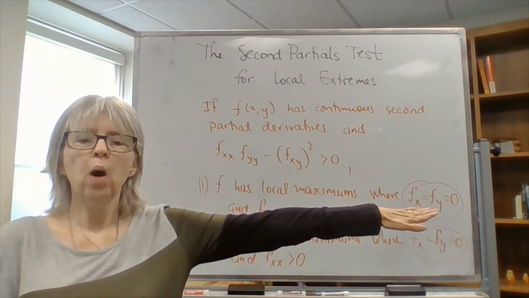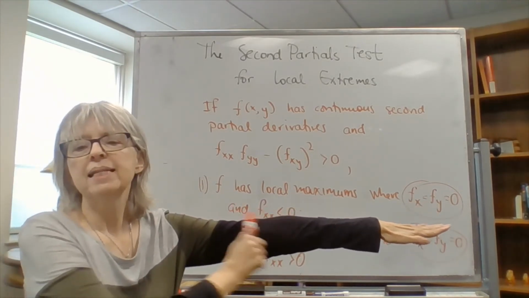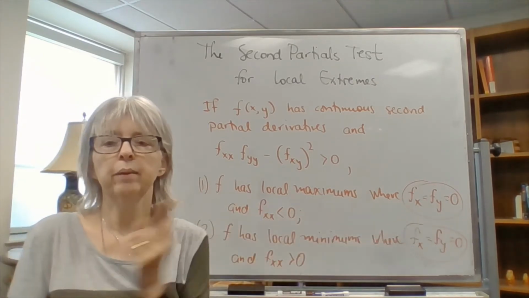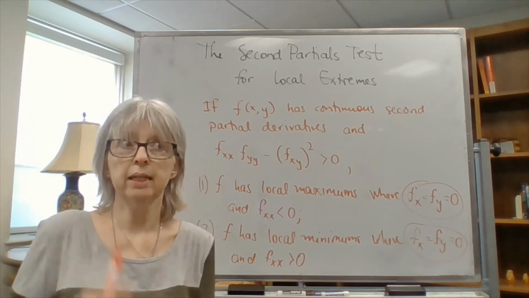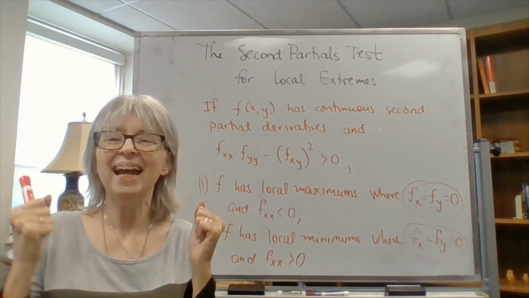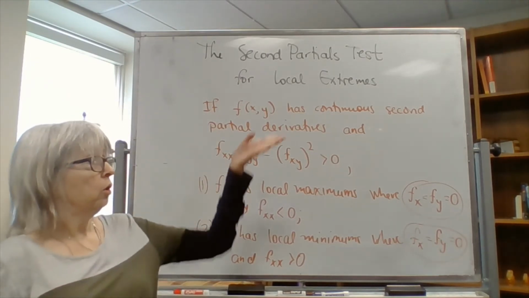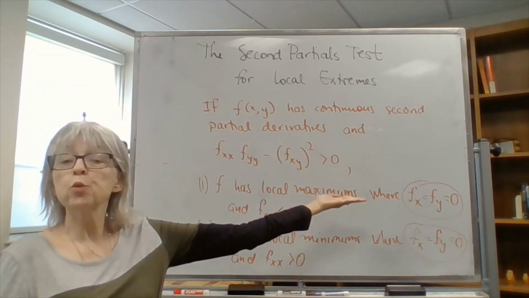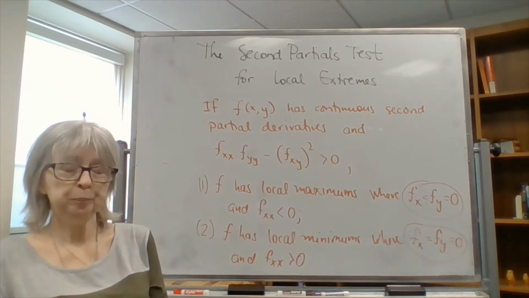Derivative with respect to y being 0 means I have a horizontal tangent plane. We are not going to deal with vertical tangent planes. Yay! So, continuous second partials, first derivatives equal to 0.